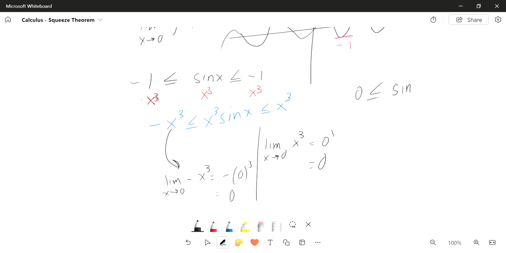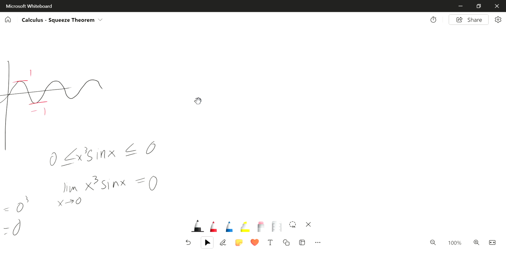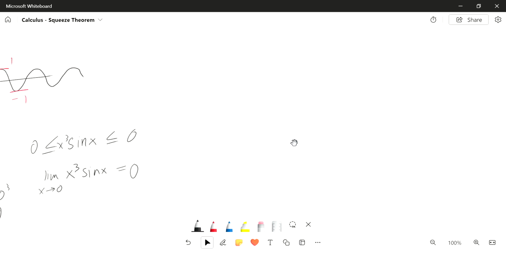So you have 0 is less than or equal to x cubed sine x, which is less than or equal to 0. So the limit of x cubed sine x as x approaches 0 is equal to 0. And so you could have just substituted 0 into this function, but there are cases where that does not work.